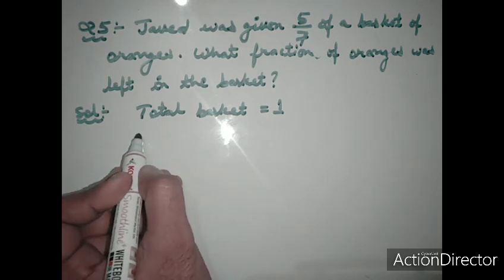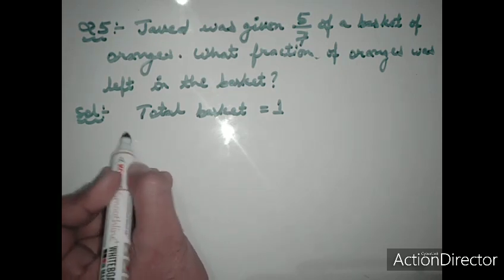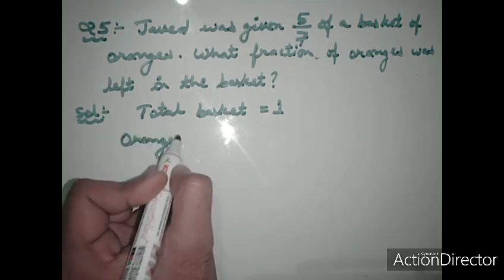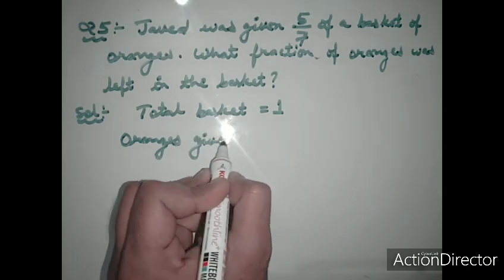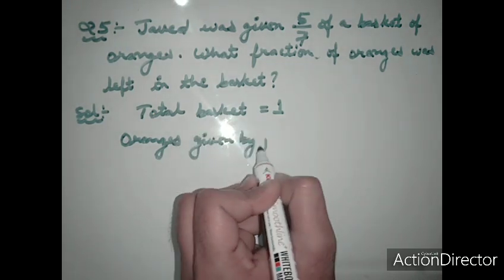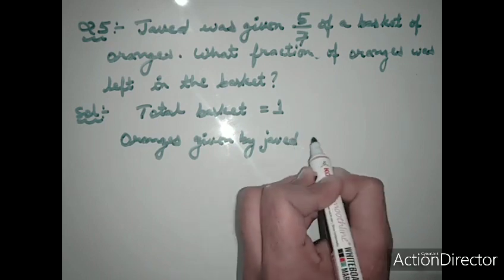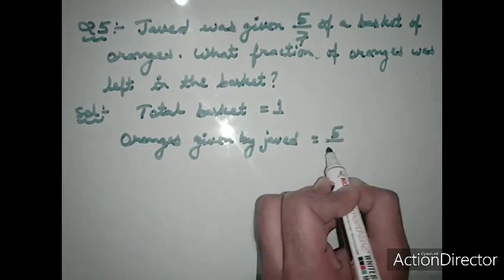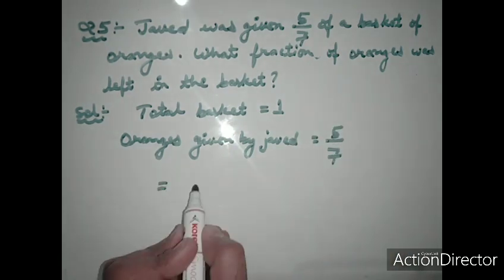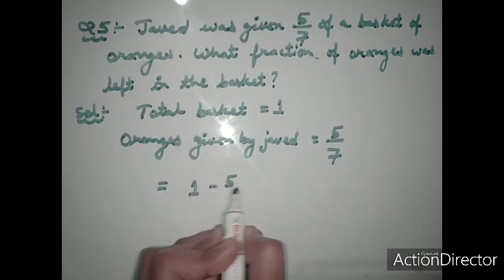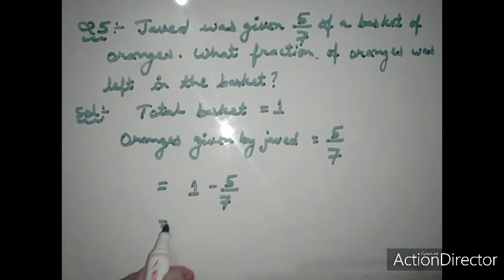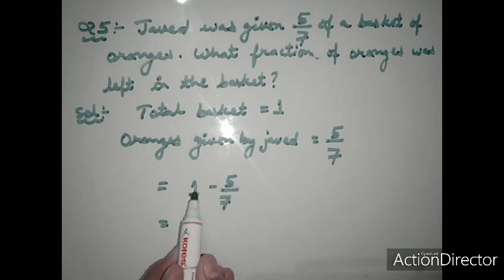So here we write oranges given by Javed equals 5/7. So now after that here we subtract 1 minus 5/7. So here we use the shortcut method of subtraction in a whole number and a fraction number. 7 ones are 7, 7 minus 5 is 2.